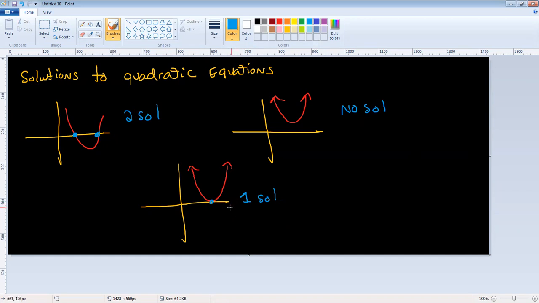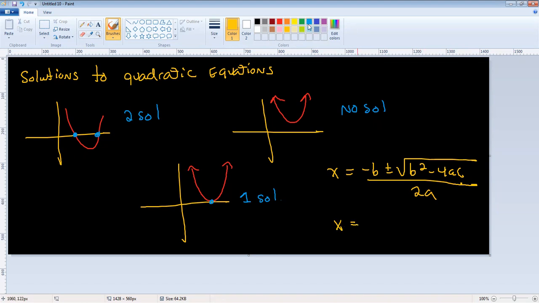So does anybody know how this is tied into the quadratic equation? Well, there's this special thing right here called the what? Discriminant.